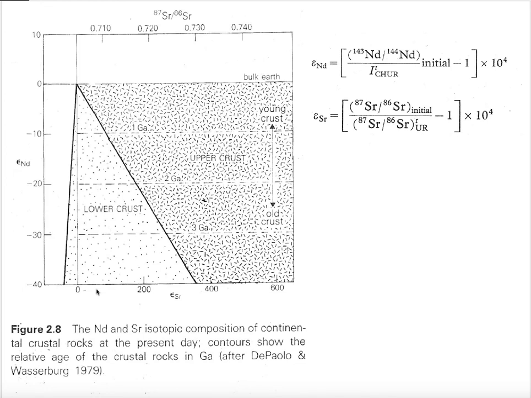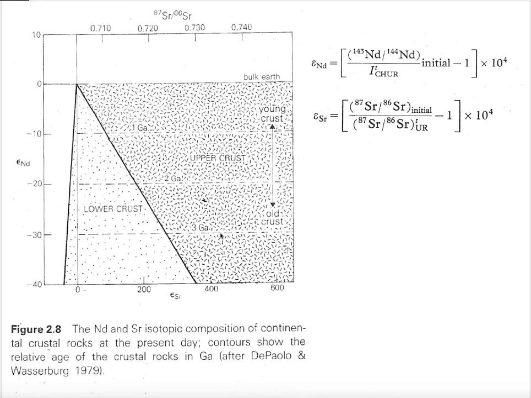Yeah, so an epsilon strontium of 0 we had 4,540 million years ago. Yeah, that was this. And here at 0 we have the bulk Earth. Then we have young crust, the upper crust, and the old crust.